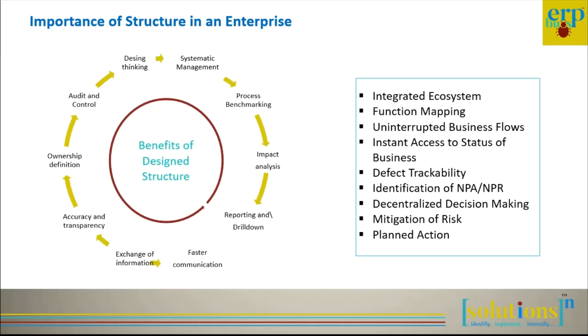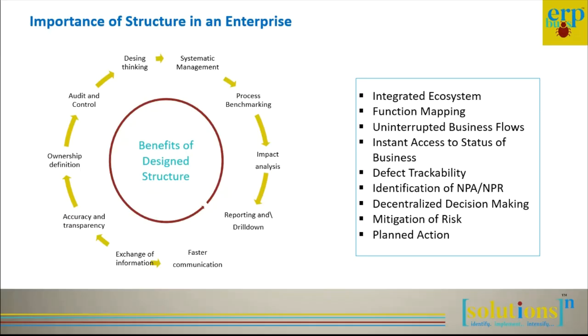Then decentralized decision making. When the structure is in a well-designed pattern, the decision making can be decentralized. For a particular element, if there is a requirement to take a decision, then the leadership or the management can take a decision for that particular element only without impacting the others.